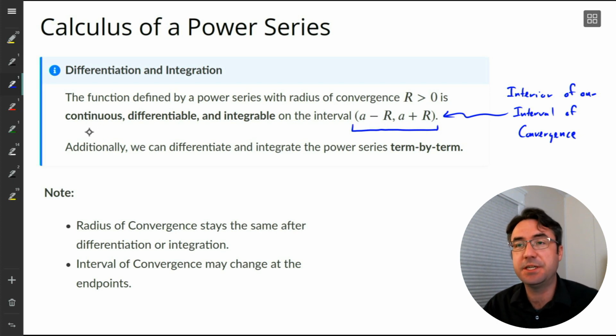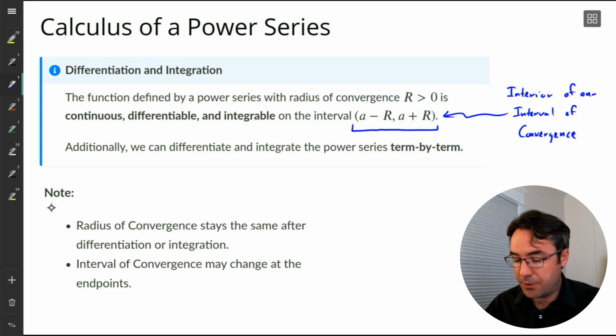Our function is guaranteed to be continuous. We can differentiate it all we want, and we can integrate it. How we actually calculate the derivative and the integral, we'll see written out, but it's a process that we call term-by-term differentiation and term-by-term integration.